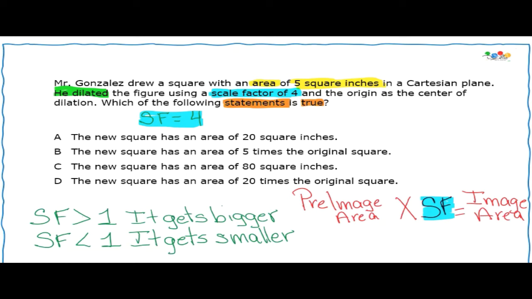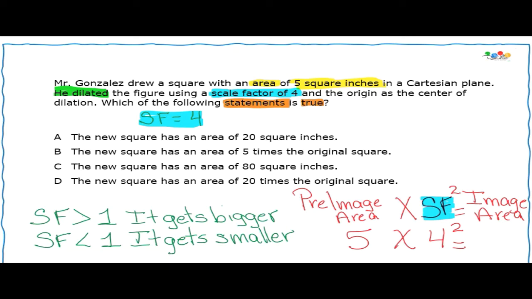So let's write down the numbers that I know. What's the pre-image area? Very good. The pre-image area is 5. We're going to multiply that by the scale factor. What's the scale factor? The scale factor is 4 to the second power. Sorry, I raised it to 2. And when I do that, it will give me the area of my new image, of my new shape.